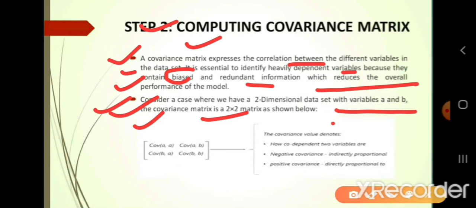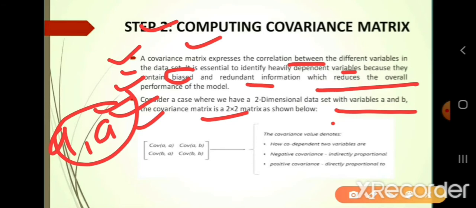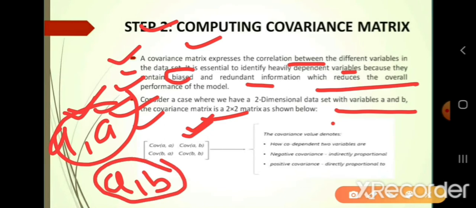Covariance AA shows the variance of variable A with itself, covariance AB shows the variance of variable A with variable B, and similarly covariance BB shows the variation of variable B with itself.